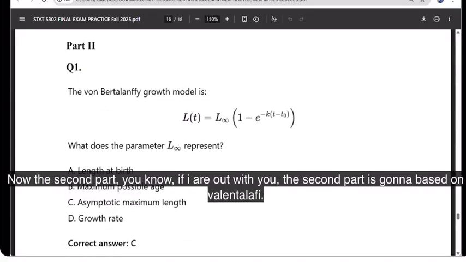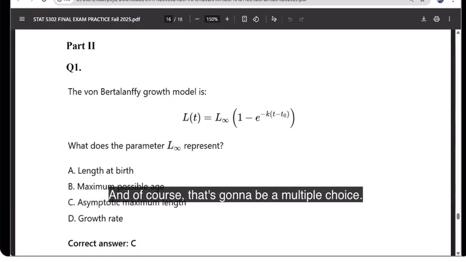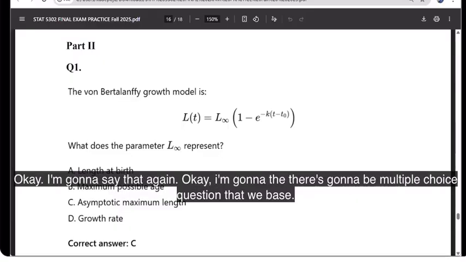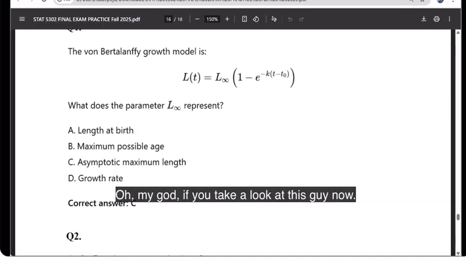Now, the second part is going to be based on the Von Bertalanffy model and the Francis reparameterization of Von Bertalanffy. That is going to be multiple choice. Let me say that again: there's going to be a multiple choice question based on the Von Bertalanffy growth model and the Francis reparameterization.